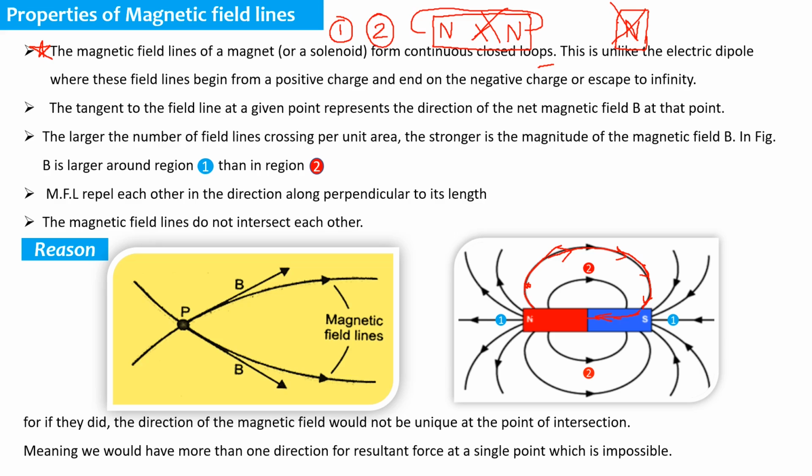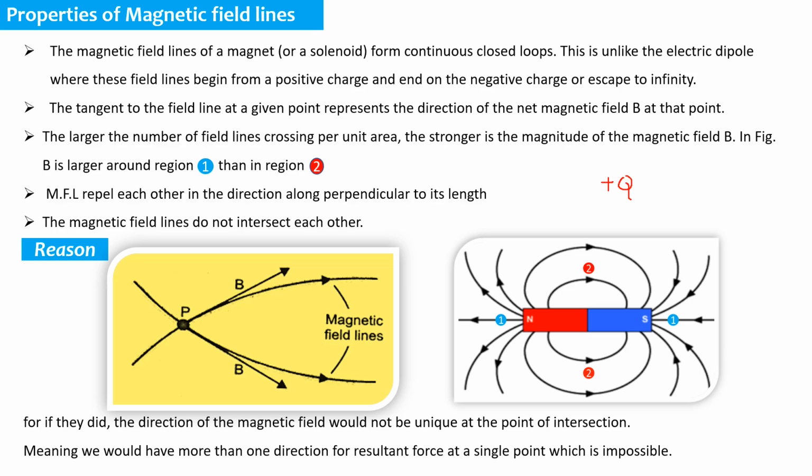Okay, let us go for this. This is unlike an electric dipole, where these lines begin from a positive charge and end on a negative charge or escape to infinity. So let us recall the electric lines of force, where we have a very simple single charge. This single charge can also generate electric lines of force.